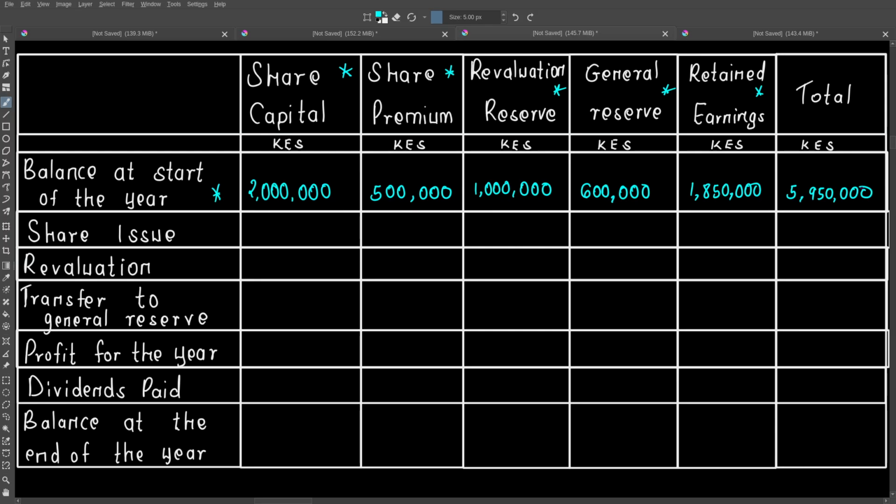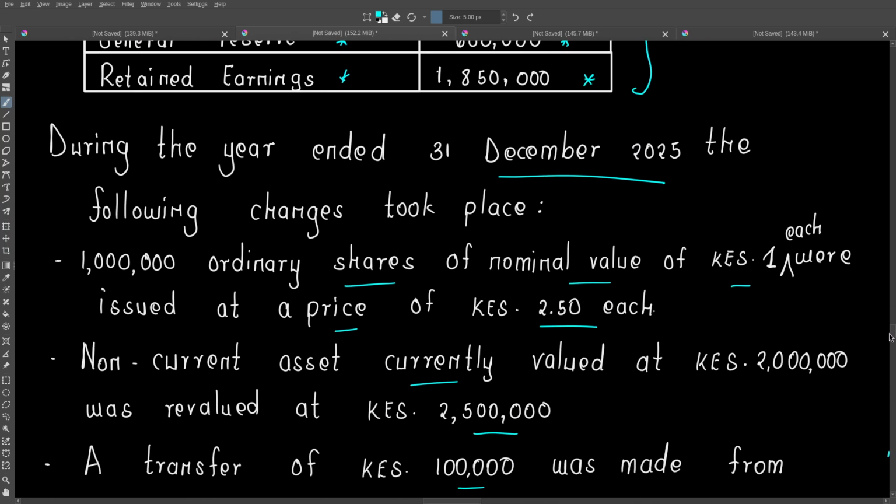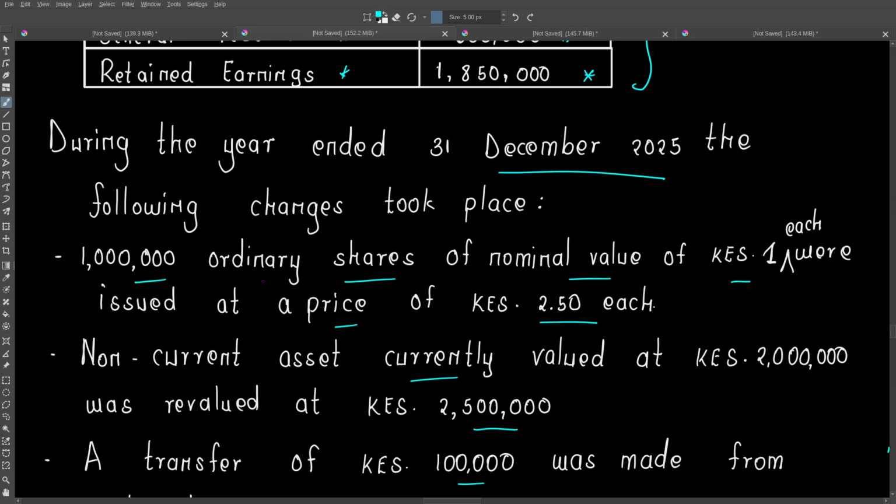So now let us look at the movement. After that, what we list is basically the movement that has happened during the period, now year 2025, where we started by being told that during the year 1 million ordinary shares of nominal value 1 shilling each were issued at a price of 2.50.